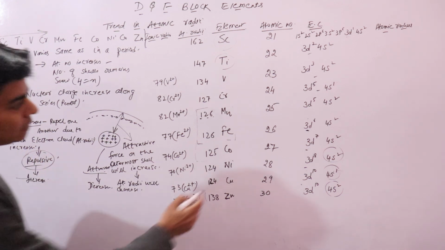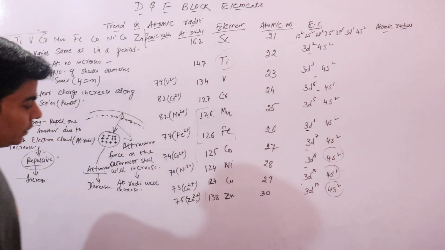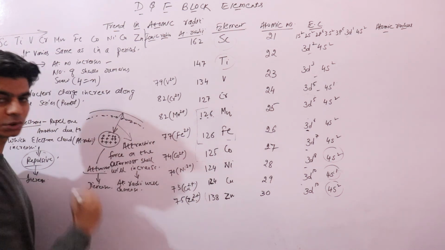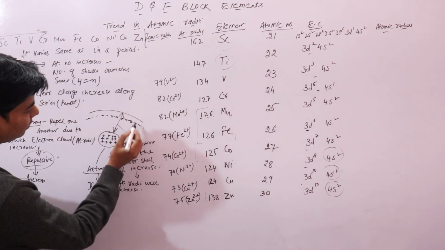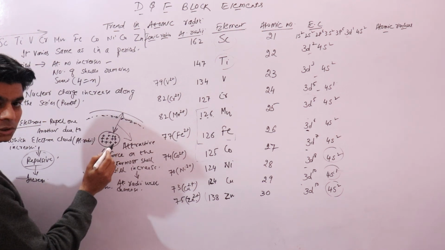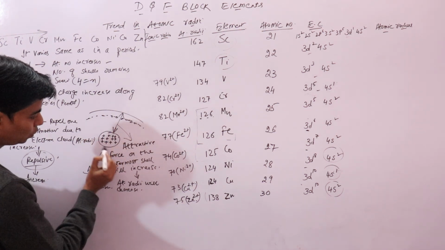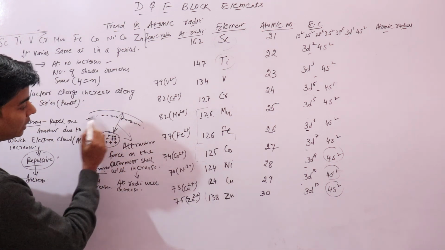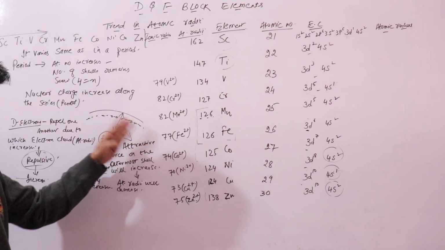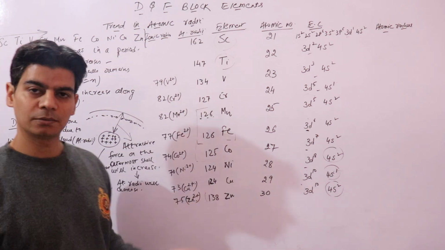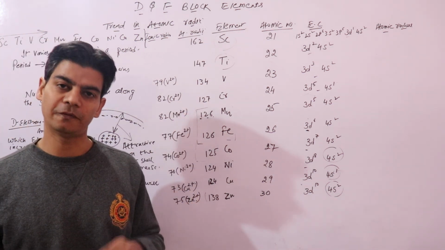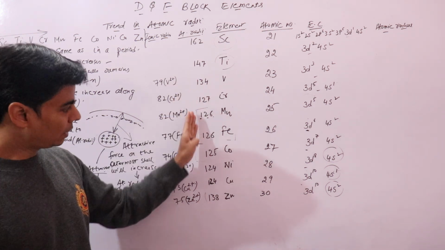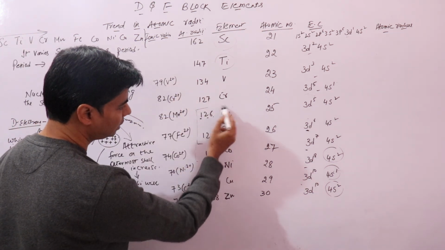Because with the increasing d electrons, these d electrons are acting as a shield between this nucleus and this outermost shell, right? When there is a shield between these two, then the attractive force on the outermost shell due to this nucleus, which is ideally due to the nuclear charge on the nucleus, will decrease. So when this attractive force decreases, the normal trend of decreasing atomic radii will also be affected, right? That is why this decrease is less from the midway, and it doesn't decrease from manganese to iron.